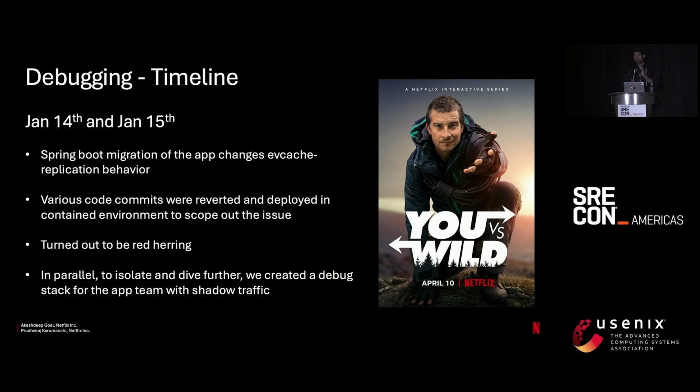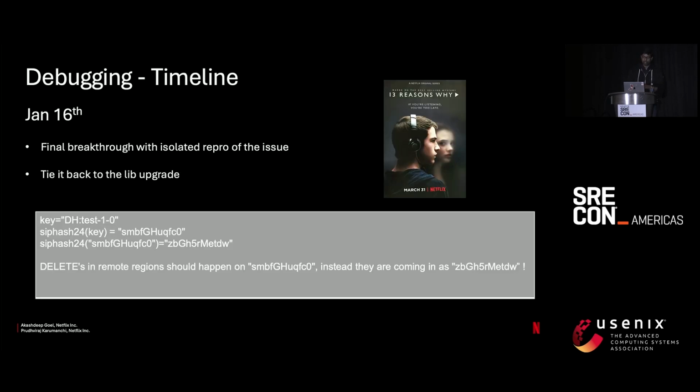One work stream focused on the application side, trying different commits and reverting certain commits to see if that was the culprit. The other parallel stream involved isolating the issue and shadowing the traffic. After 36 to 48 hours, we finally had a breakthrough with the issue.